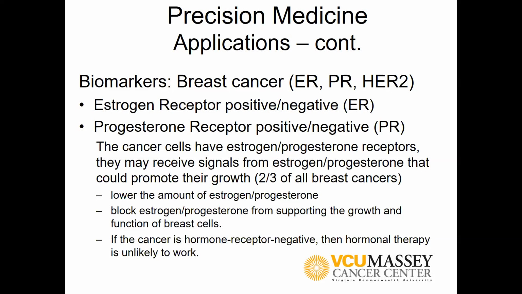We can also block, through different biological pathways, estrogen and progesterone from having an effect on the growth. But unfortunately, if the cancer cell itself is negative for these two, then hormone therapy just won't work. So there is no reason to even try.